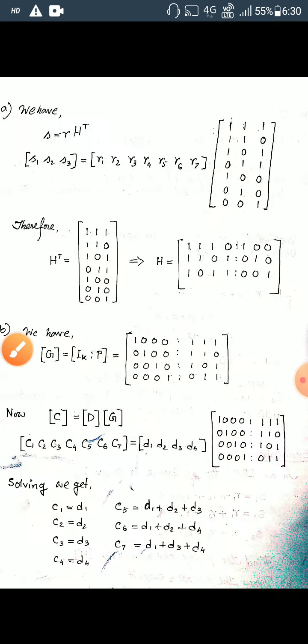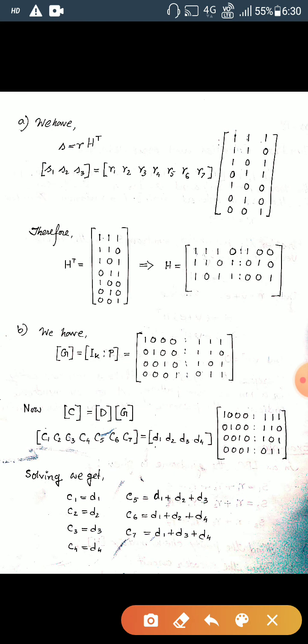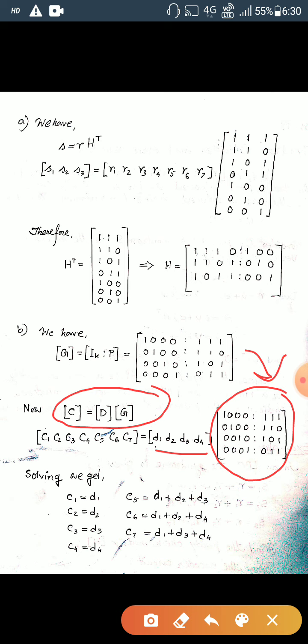Now here the code is obtained by using that particular formula. This is C is equal to D times G. So this is the D, and G you already got from the previous step. So from here you can identify the equations for C1, C2, C3, C4 up to C7.